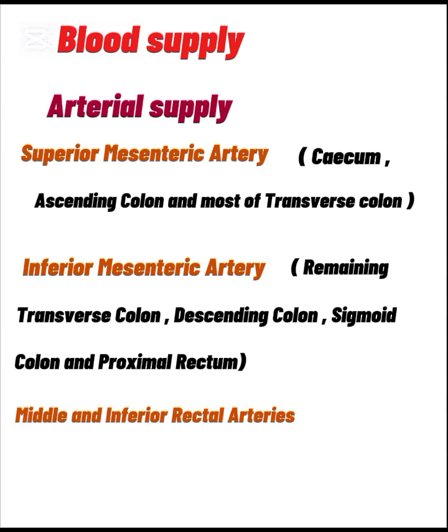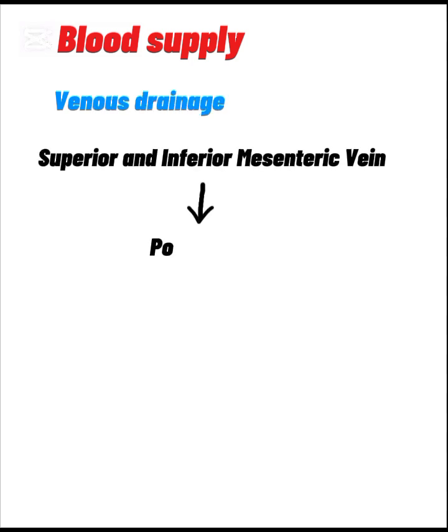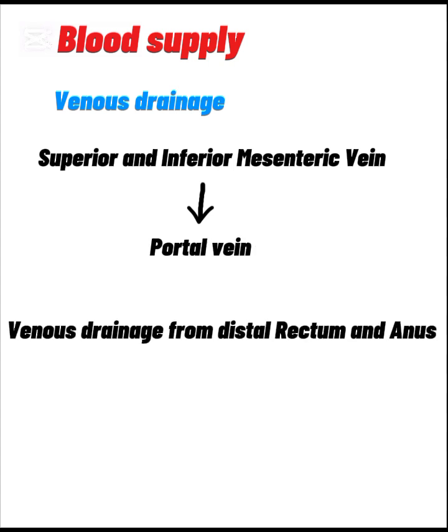Middle and inferior rectal arteries, that are branches of the internal iliac artery, supply the distal portion of the rectum and anus. Venous drainage is by superior and inferior mesenteric veins that drain into the portal vein, while venous drainage from the distal portion of the rectum and the anus is by the internal iliac vein.